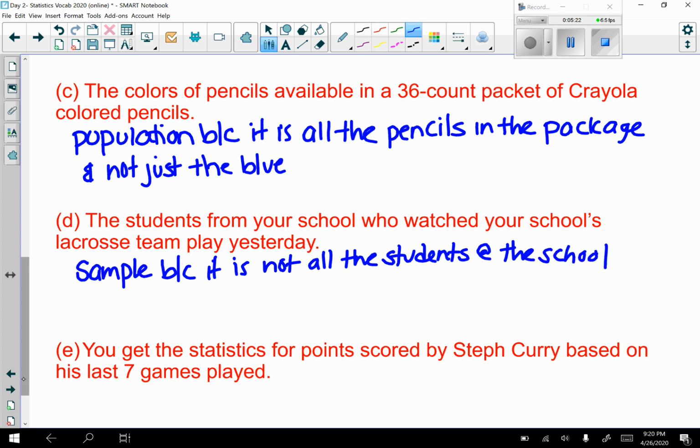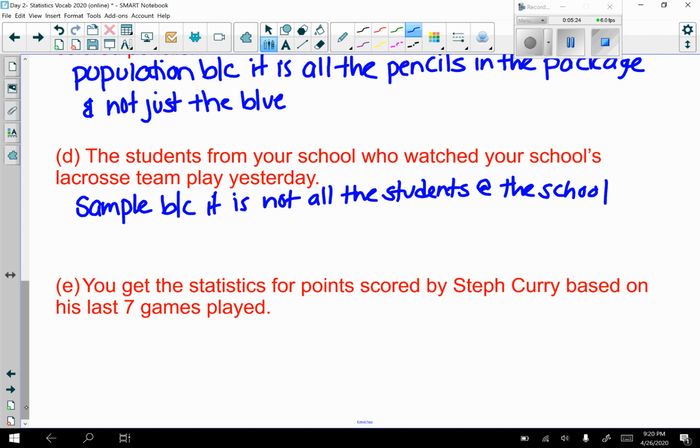And then lastly, part E, you get the statistics for points scored by Steph Curry based on his last 7 games played. This should be a sample because it is only 7 games, not the entire season.